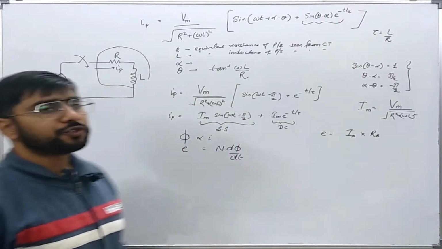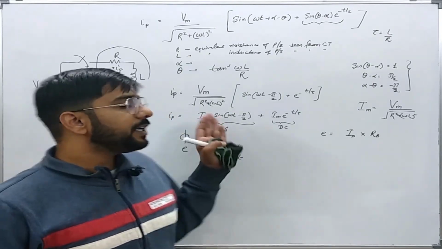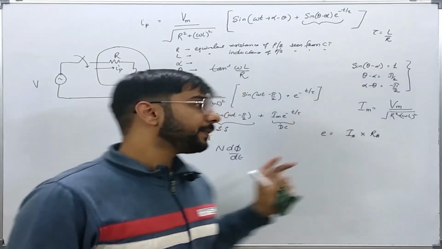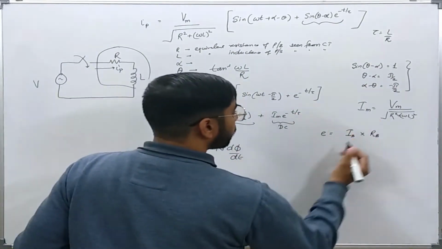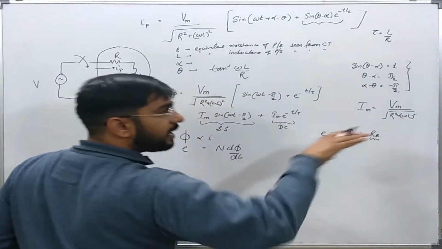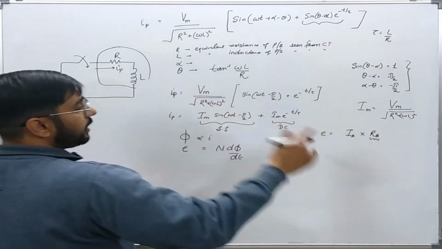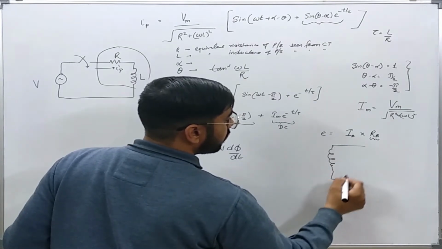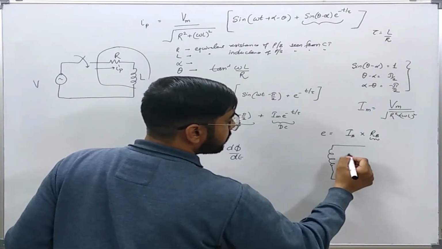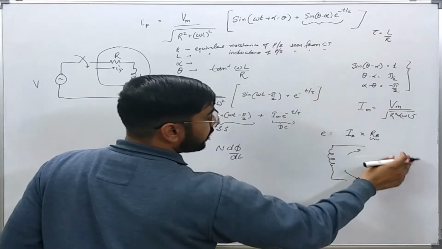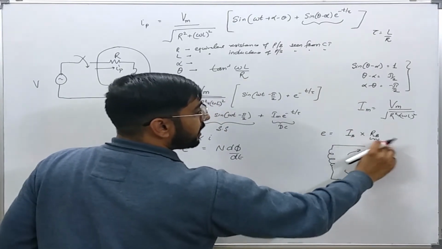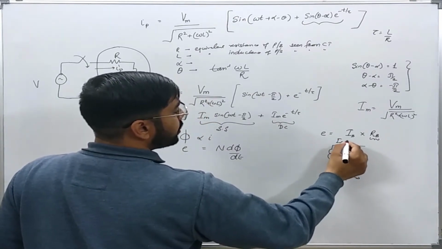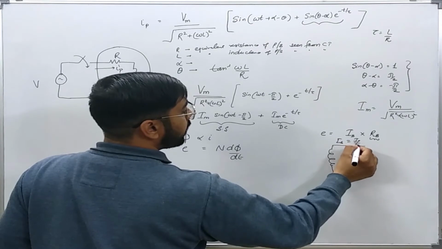Now I am also assuming that the CT is faithfully transforming the primary current to the secondary side. So this RB is the equivalent resistance seen from the secondary side. I am just assuming that it is resistive in nature seen from this point. And IS is equal to IP over N.